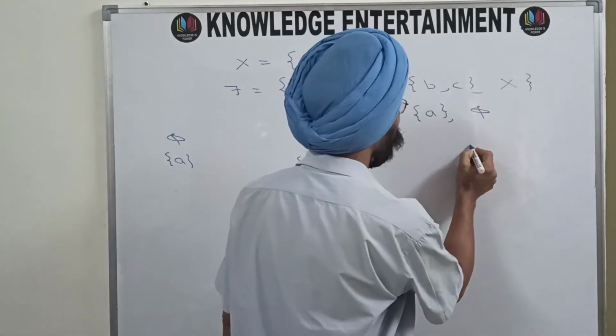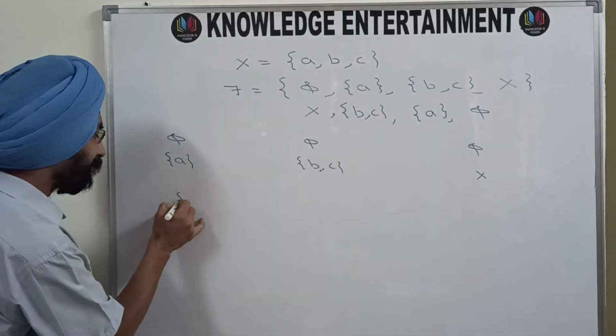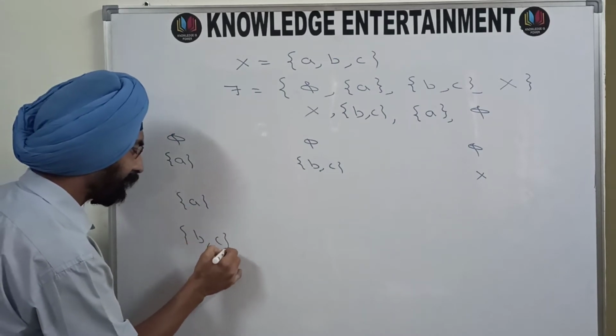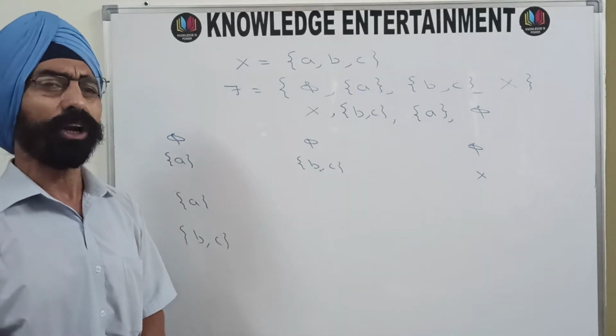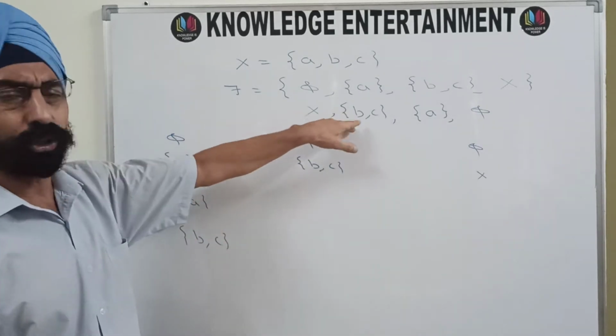You can have phi and X. You can have the set A and the set BC. And there are no more choices. These are the only choices. You cannot have more pairs of disjoint closed sets from this topology.